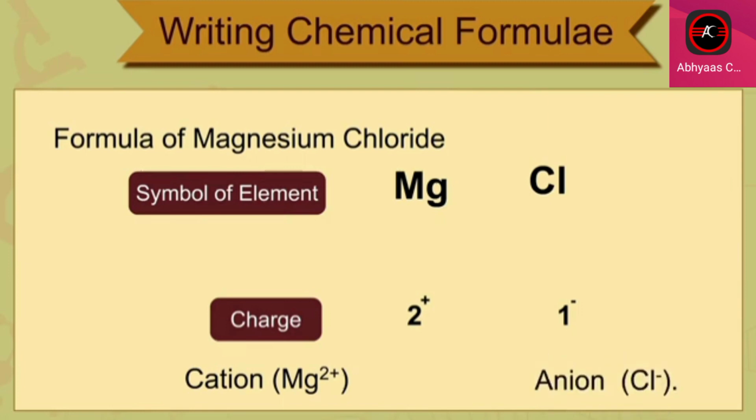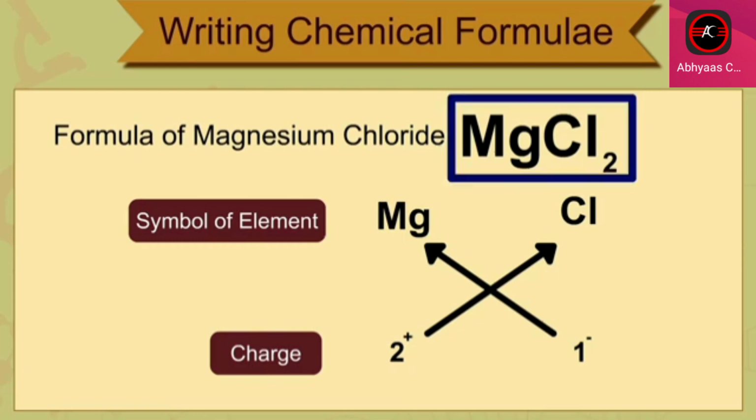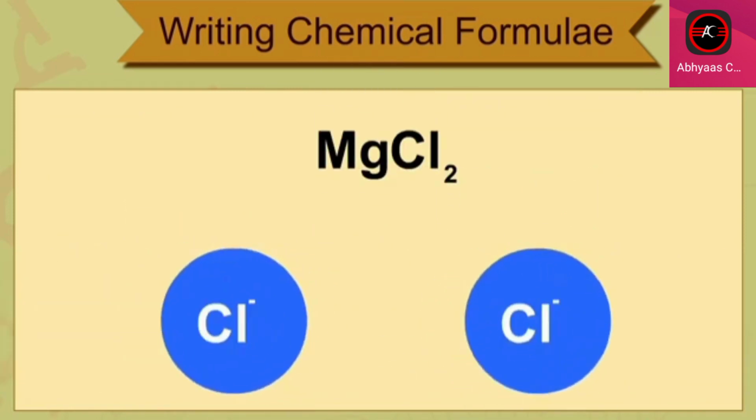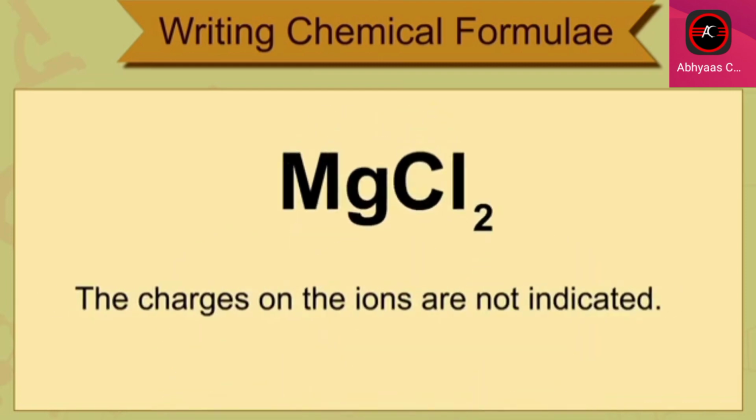Then their charges are crisscrossed to get the formula, that is MgCl2. Thus, we see that the molecule of MgCl2, that is magnesium chloride, has two chloride ions, Cl-, for each magnesium ion, Mg2+. Note that in the formula, the charges on the ions are not indicated.